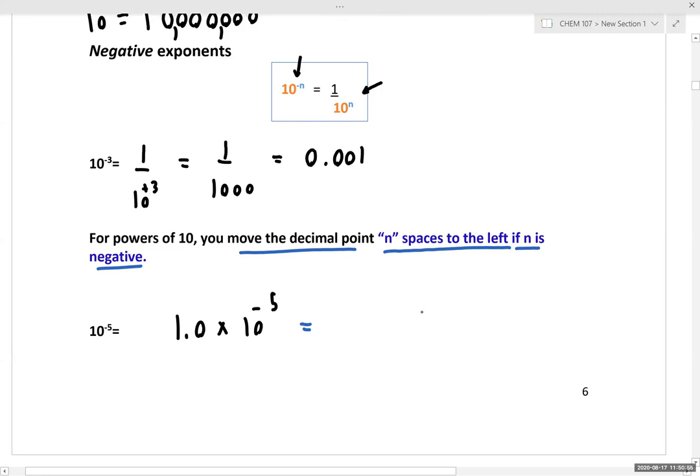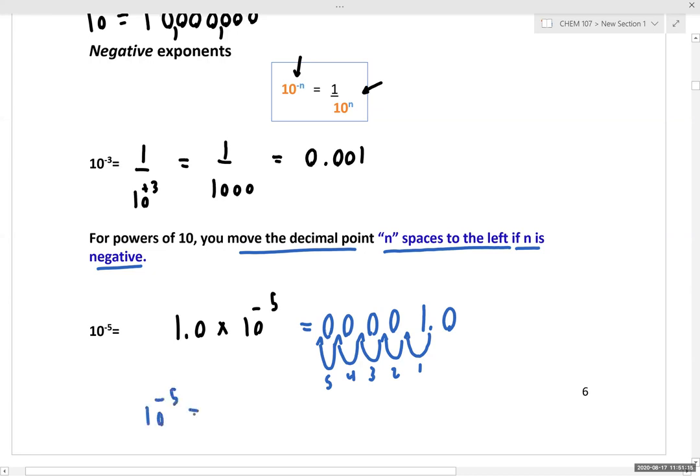So I have 1.0, and I'm going to move my decimal point 1, 2, 3, 4, 5 spaces. And I'm going to add 1, 2, 3, 4 zeros. And that gives us 10 to the negative 5th is equal to 0.00001.